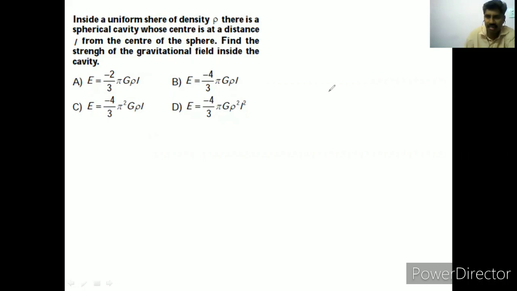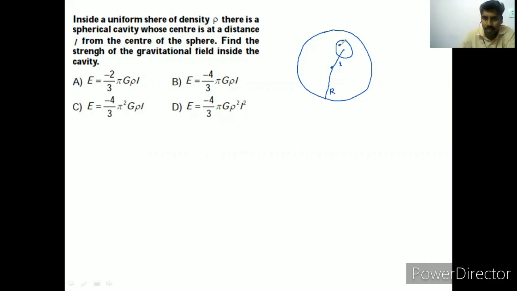Here I will draw the physical situation. The sphere has density rho, and its radius I will take as capital R. Now one cavity is there, and the distance from the cavity center to the sphere center is given as L. Now inside the cavity we need to find the gravitational field.